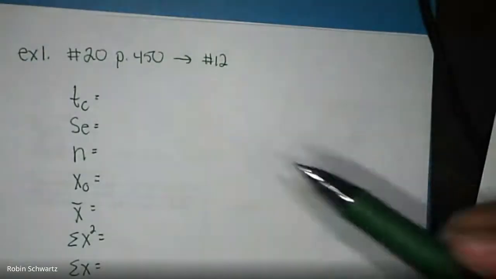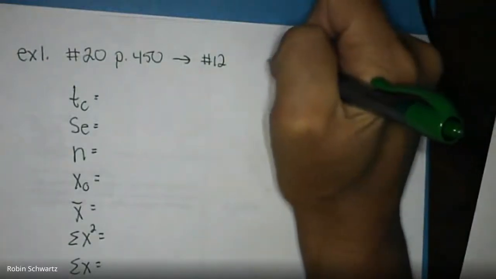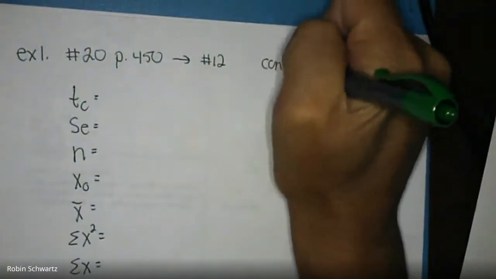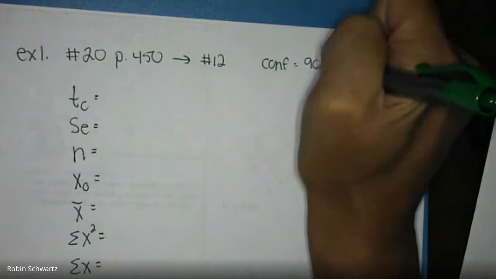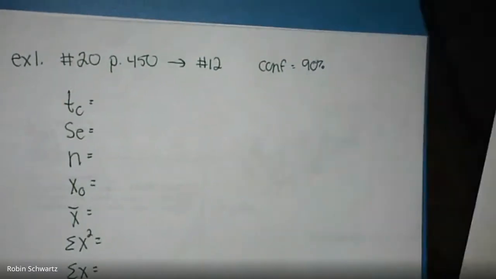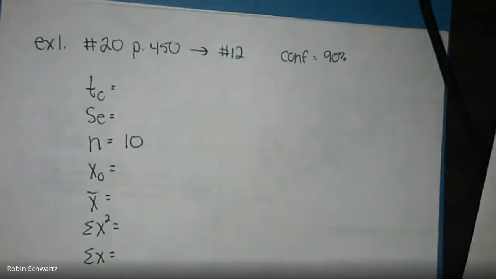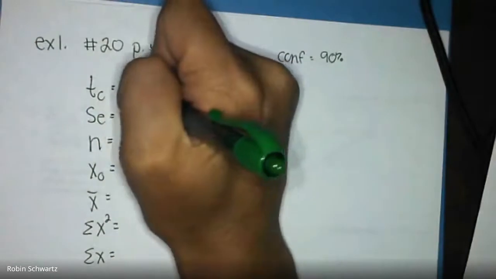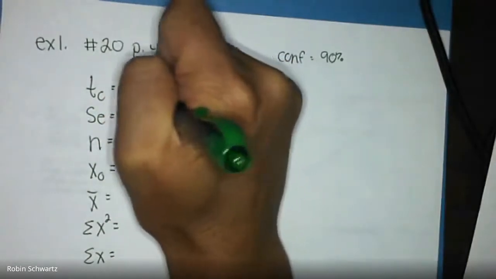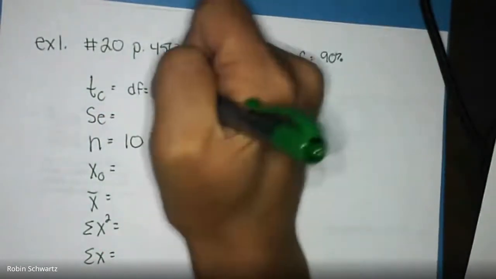Okay, so this problem, again, I don't have the book, but I do have all the data. Our confidence level is 90%. Our sample size is going to be 10. I don't have my T table here either, and I know you guys know how to read it, so the degrees of freedom will be 8, because it's 10 minus 2.